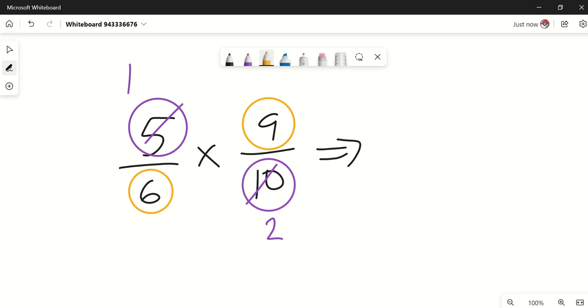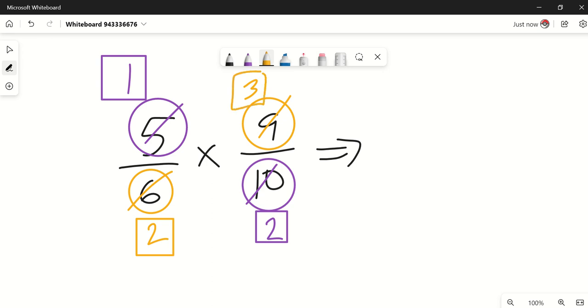And 6 and 9 both have 3 in common, which will make this 2 and make this 3. Again, we divide by the numbers they have in common. 5 divided by 5 would be 1, which is why I put 1 here. 10 divided by 5 will be 2. 6 divided by 3 will be 2, because 6 and 9 both have 3 in common. And 9 divided by 3 is 3.